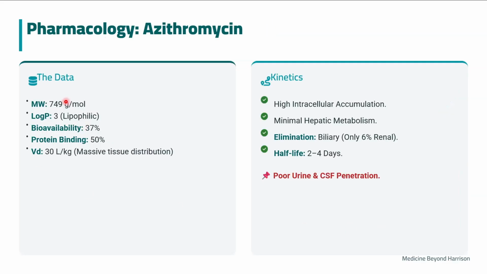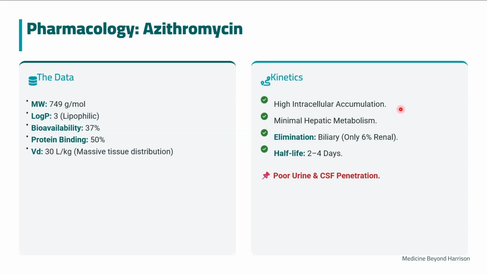A note on azithromycin pharmacology. Its molecular weight is 749 grams per mole. It is a lipophilic drug with oral bioavailability of only 37%. 50% is protein bound with a massive tissue distribution of 30 liters per kg, so a high volume of distribution to the tissues.